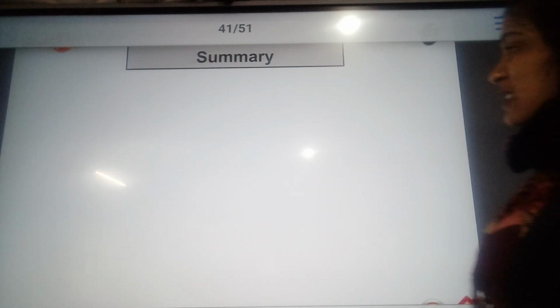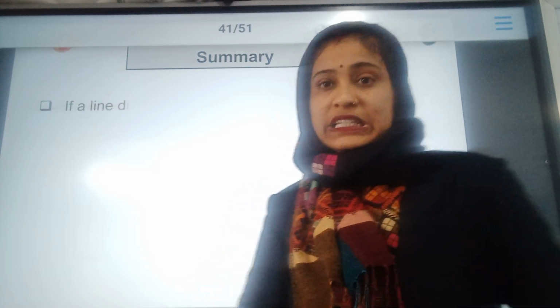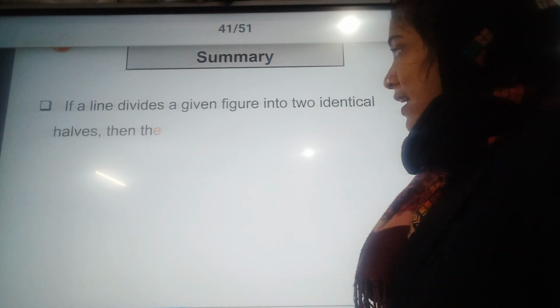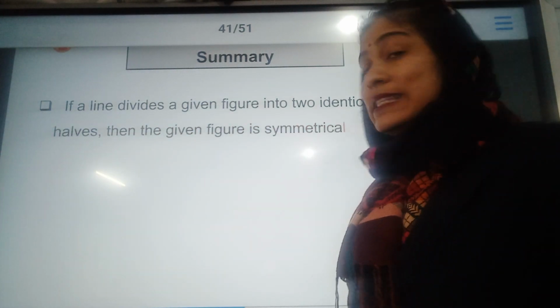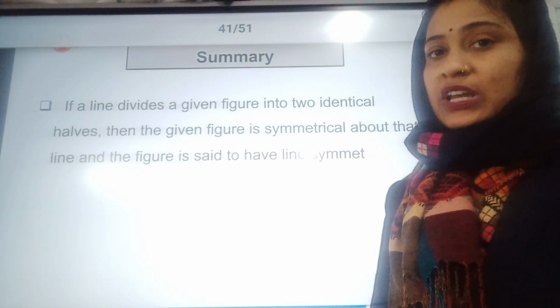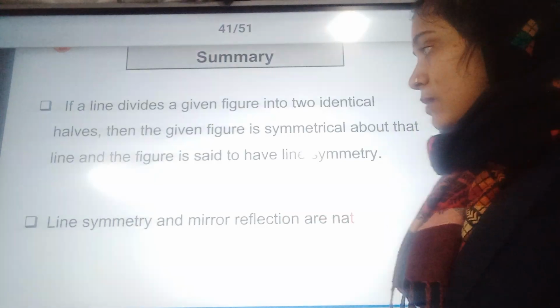let us go with the summary of the review of what we have discussed. If a line divides a given figure into two identical halves, then the given figure is symmetrical. Obviously, if they are identical about a line, they are symmetrical about a line, and the line is known as line of symmetry.